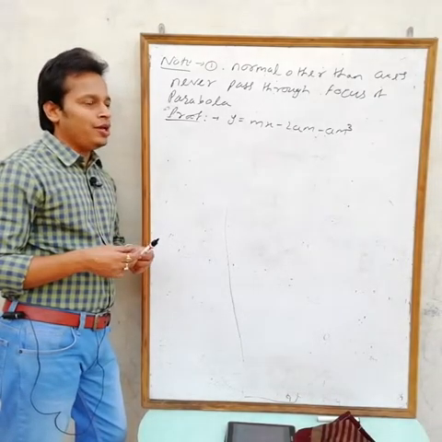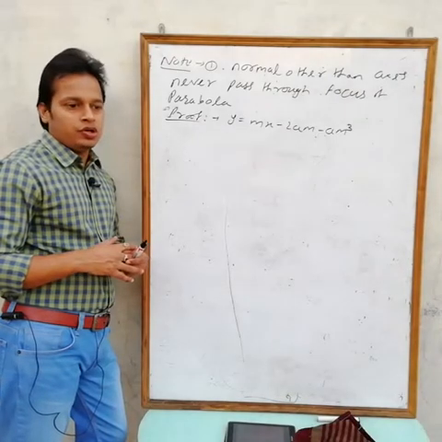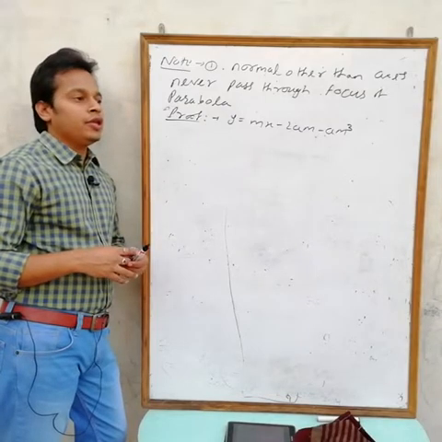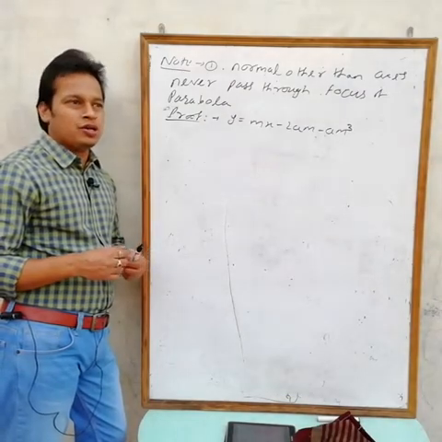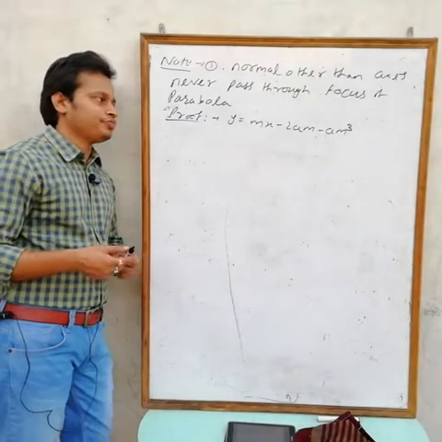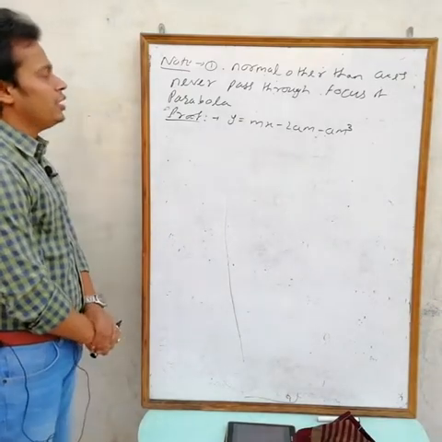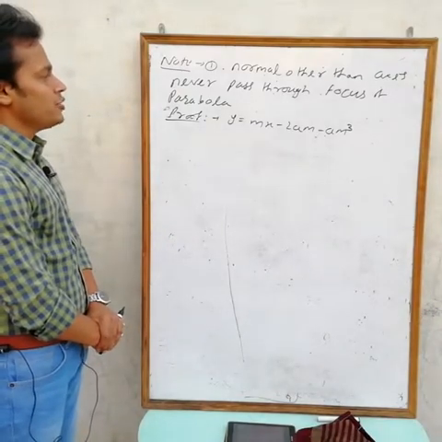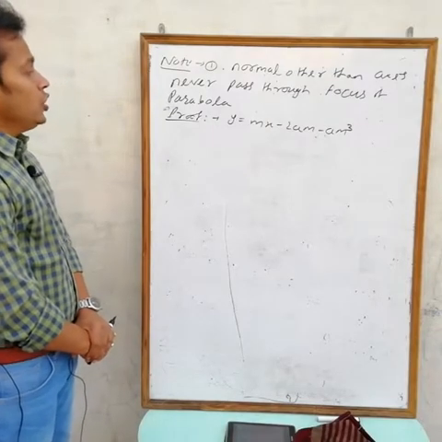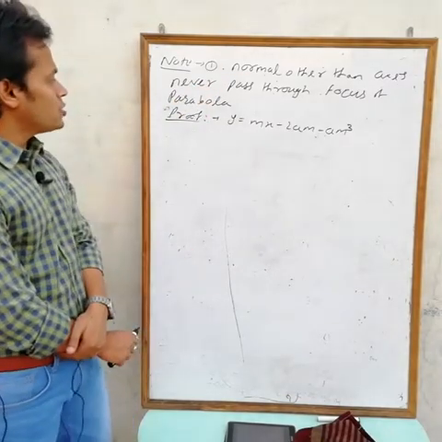But if you want a relation or condition about the points, then use parametric form. Otherwise, if you want a relation about the slope, then use slope form. So y equals mx minus 2am minus am cube is the equation of normal. Most of the time you can use any one of these two. So what I am saying is that a normal other than the axis never passes through the focus.